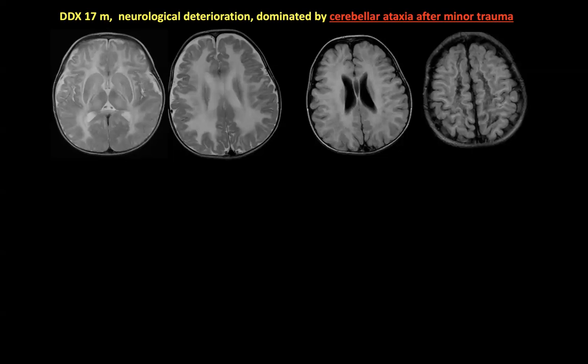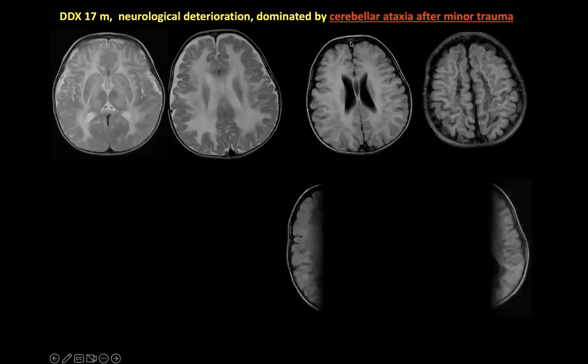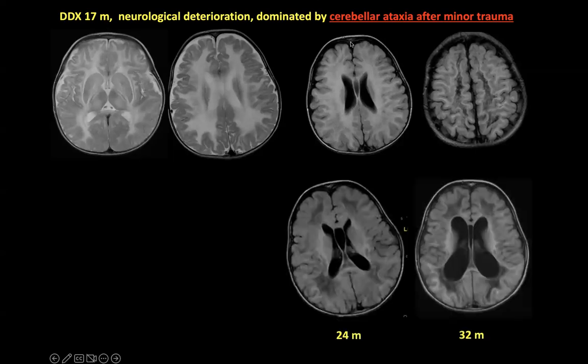But actually, if you see several cases of these two big categories, despite the cavitation and vanishing of the white matter being present in both of them, there are substantial differences, not least the clinical history in this case. And you can see the atrophic evolution over time.